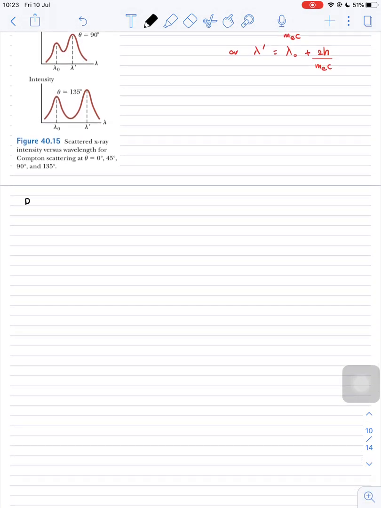So now let's derive the Compton shift equation.